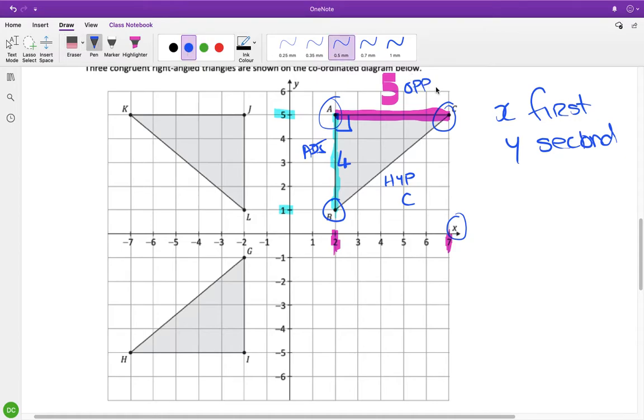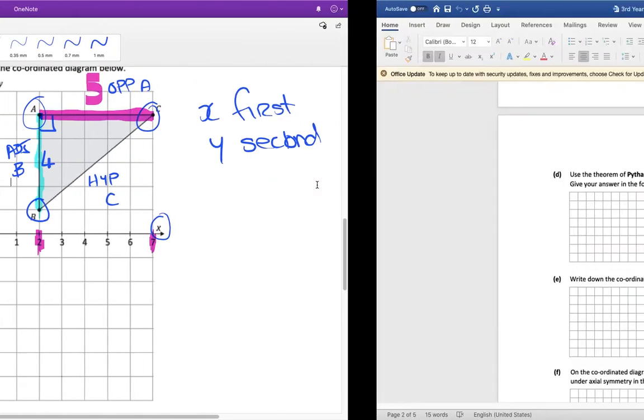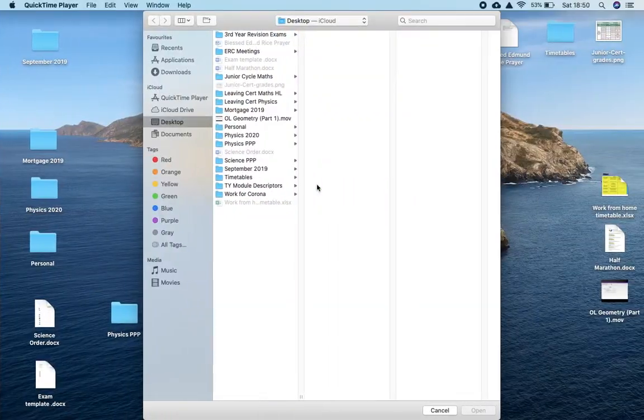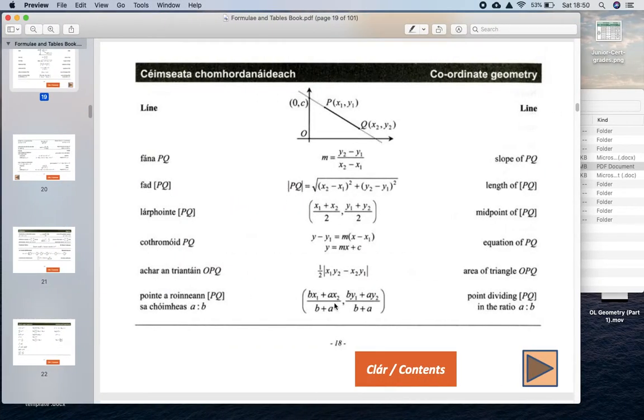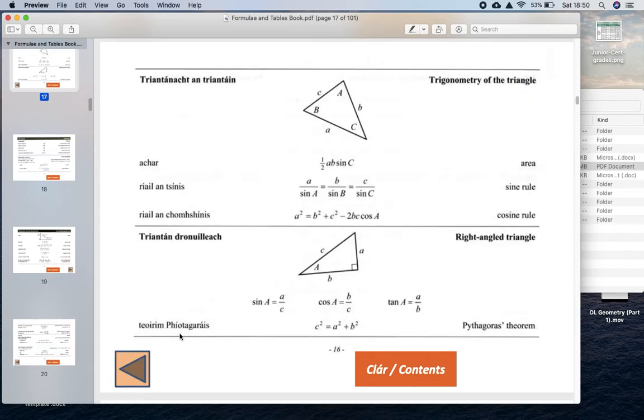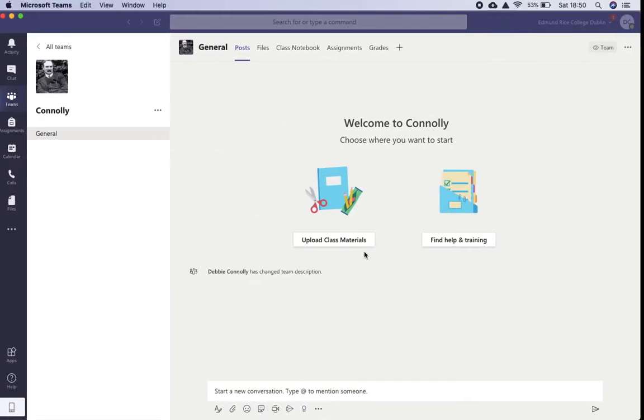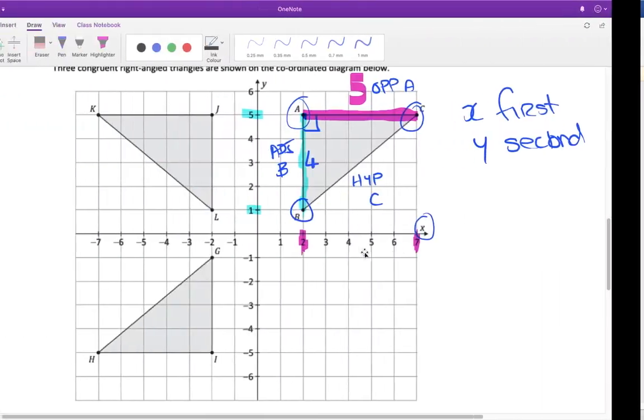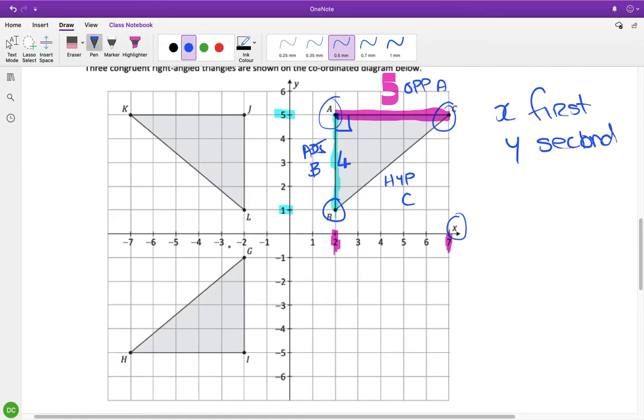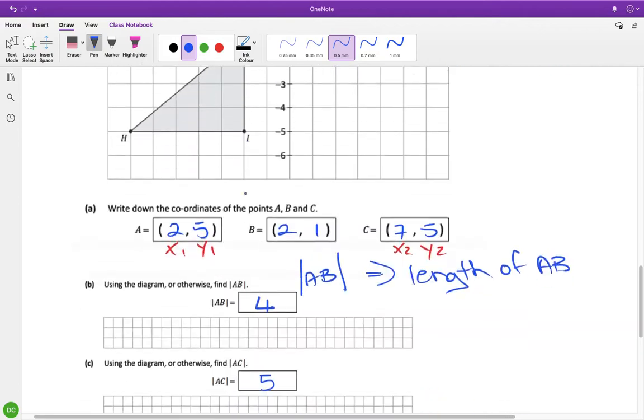The opposite is A, and the adjacent is B. Just let me check I have those the right way around. Have a table book here somewhere. Yeah, so the opposite is A, correct. Okay, so A is 5 and B is 4.